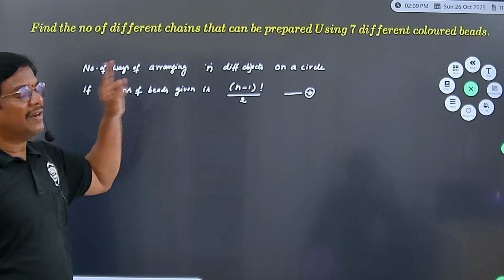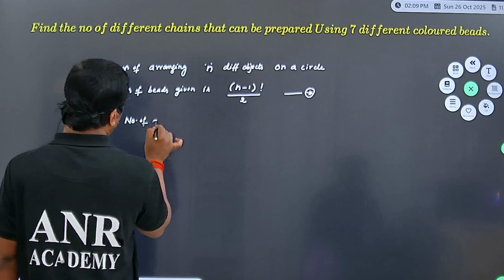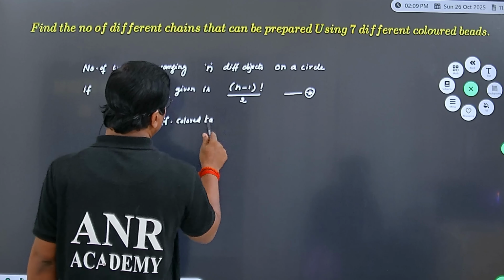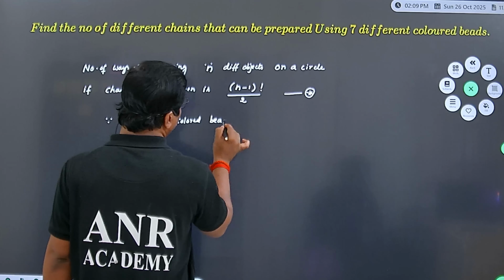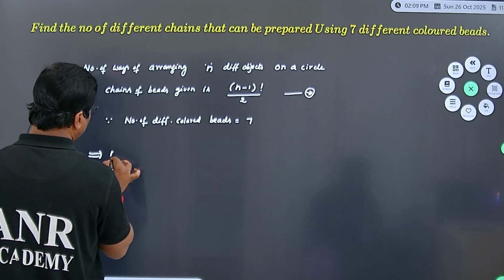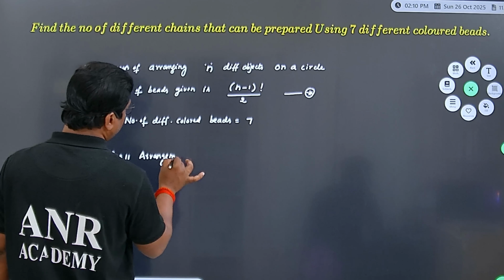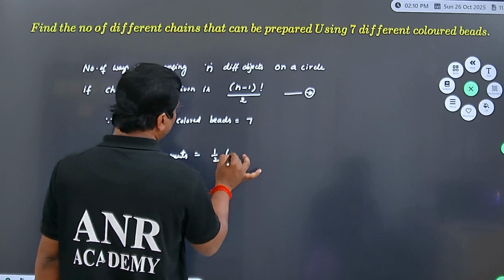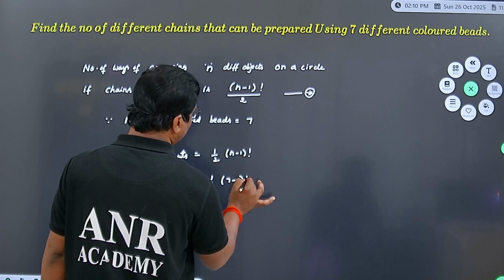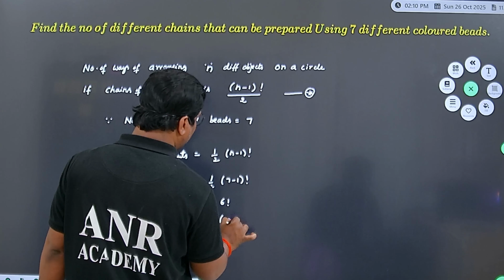Here there are 7 different colored beads. Since the number of different colored beads equals 7, the required arrangements you can write by the formula as half into (n minus 1) factorial, that gives half into (7 minus 1) factorial, that is half into 6 factorial. 6 factorial value is 720.